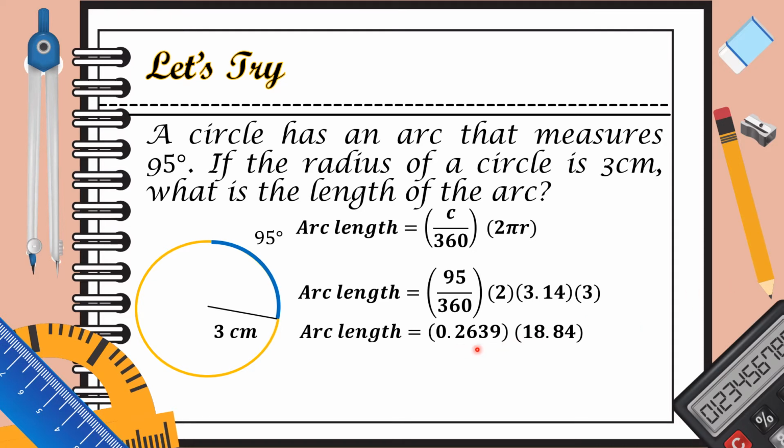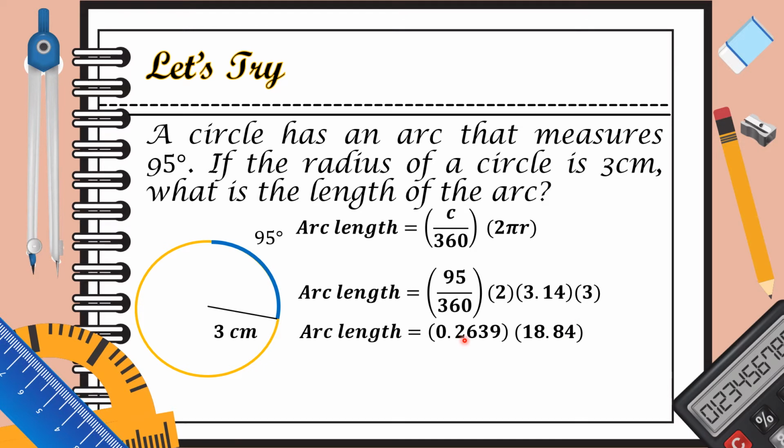Now, i-multiply natin ito kay 18.84. Ulitin ko, yung 95 divided by 360, ito yung sagot, 0.2639 or 2,639 10,000ths. Then, yung 18.84 nakuha yan sa 2 times 3.14 times 3.